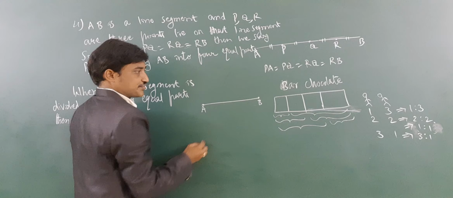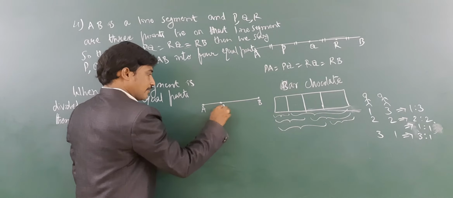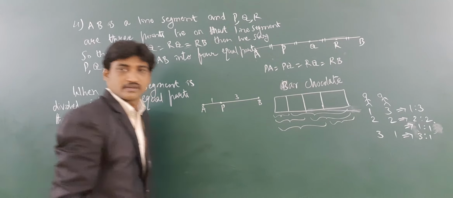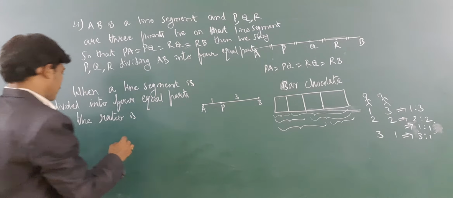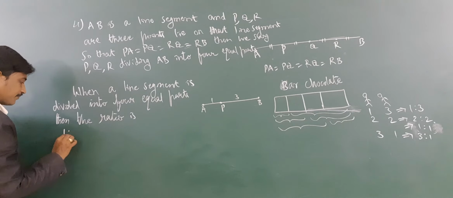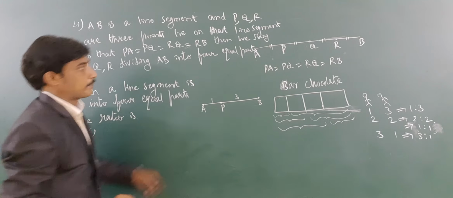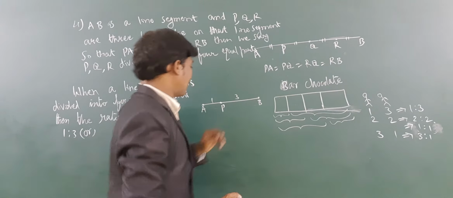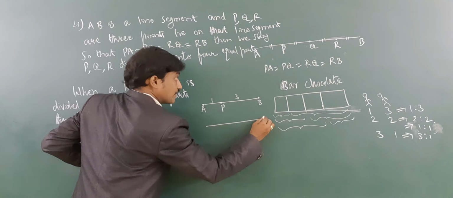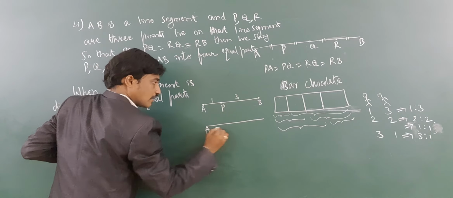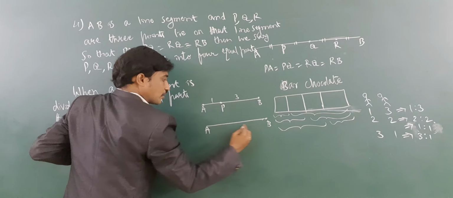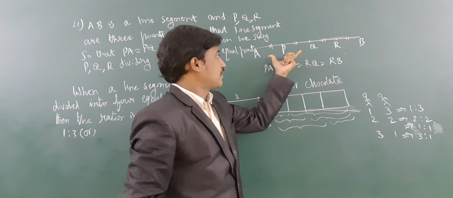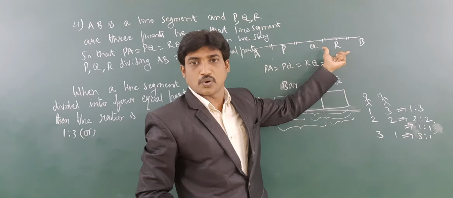P divides AB in the ratio 1:3. Here AP is 1 part, PB is 3 parts. Otherwise, there is a point Q. Q divides AB in the ratio 2:2.